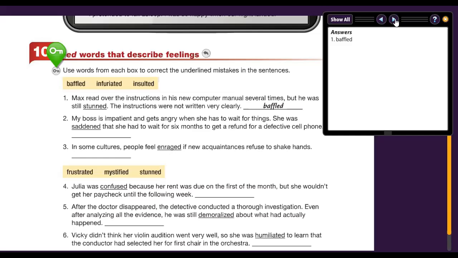So what's the right word? Not saddened. Infuriated or insulted? Infuriated. No, she felt infuriated. So, very angry. Then, in some cultures, people feel enraged if new acquaintances refuse to shake hands. So that's the better word. Insulted.